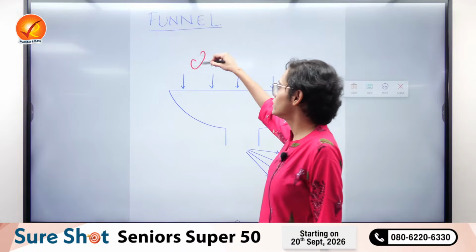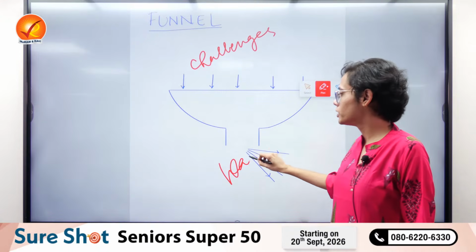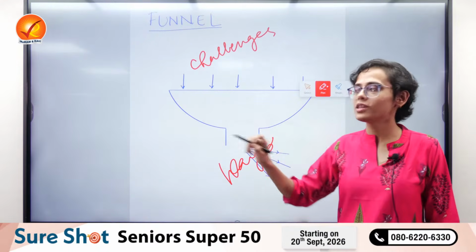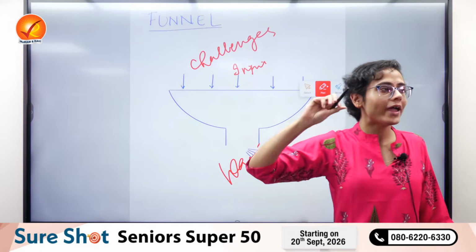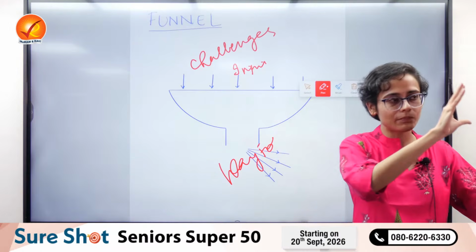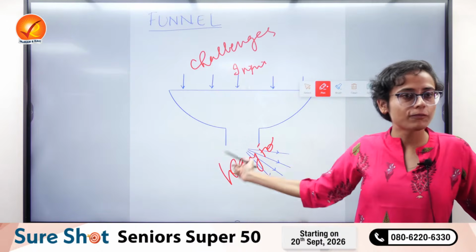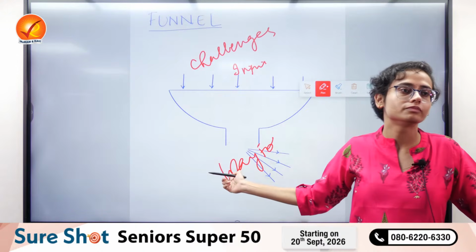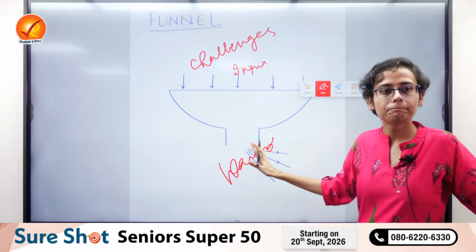That we write the challenges here and then we write the way forward, because it's basically the input and output mechanism. So anywhere that you feel that there is something that we are giving and we want something else, this funnel type diagram you can make. Okay, understood?